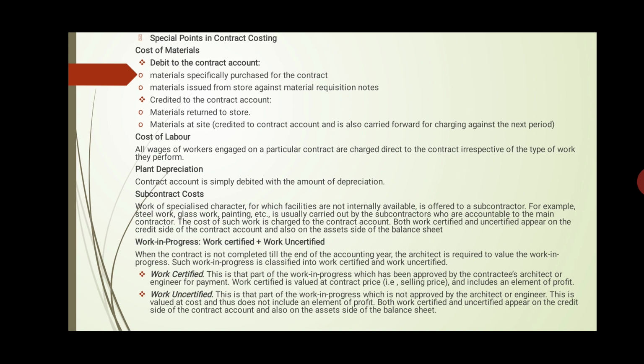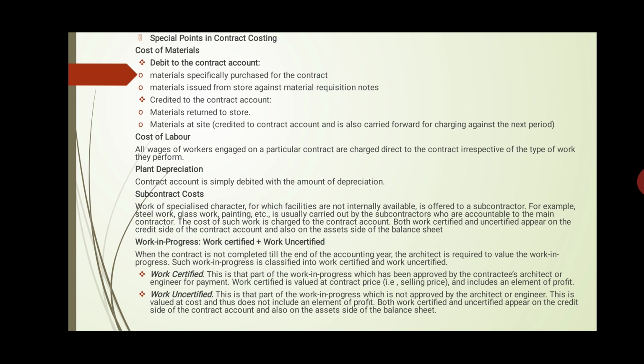Take an example to understand what is work certified. The contract price was agreed at rupees 10 lakh between the parties, contractee and contractor. The contractor said that he has completed 40% of the contract, but the contractee will not pay the agreed price just on the reliability of the contractor.